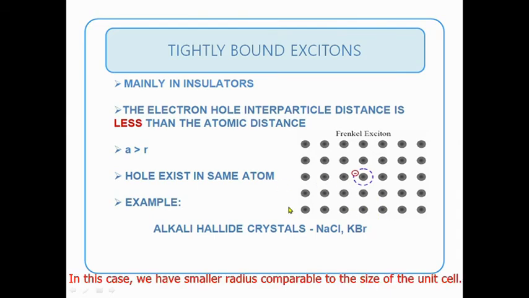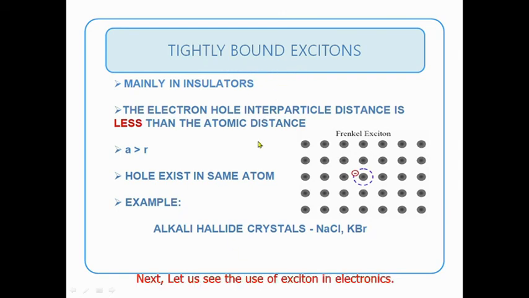So in this case, we have a smaller radius comparable to the size of the unit cell. Alkali halide crystals such as NaCl and KBr have tightly bound excitons. So it is called tightly bound excitons.